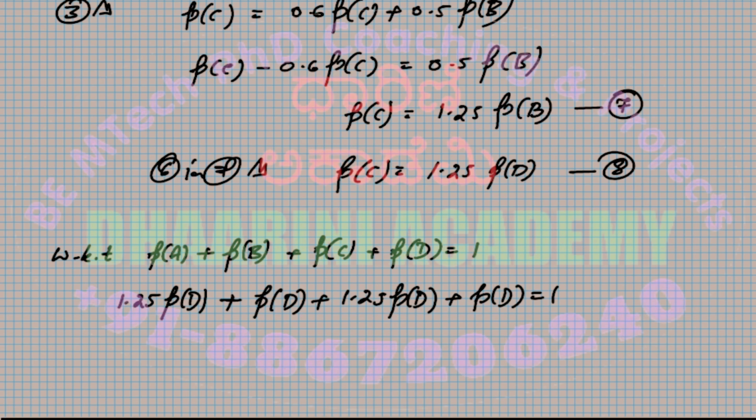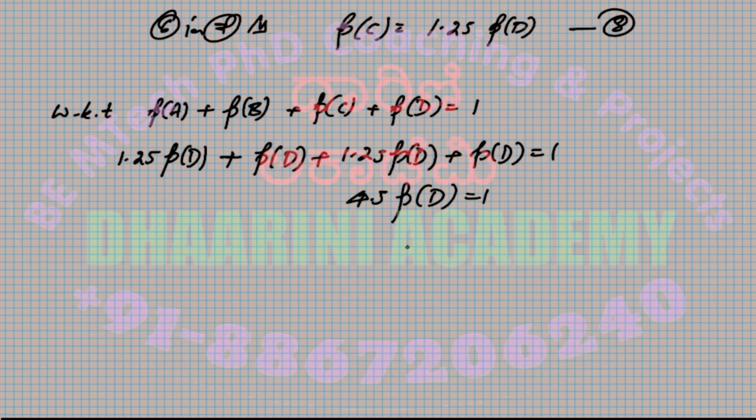So I can directly calculate: 1.25 is 2.5, plus 1 is 3.5, plus 1 is 4.5. So 4.5 times P of D equals 1. All right, so calculate what is P of D then. P of D is 1 by 4.5.